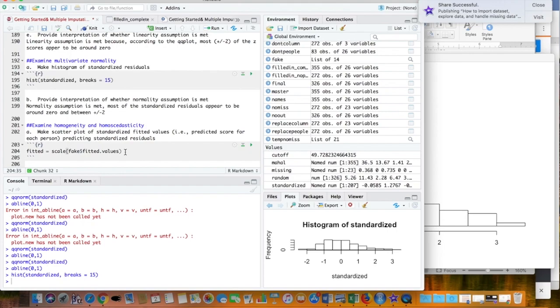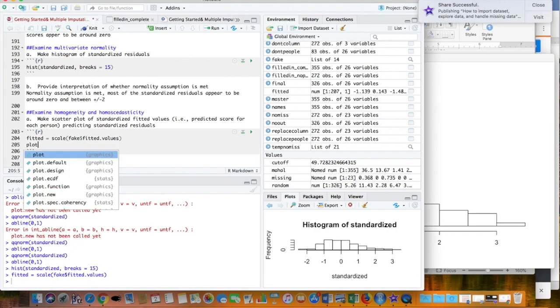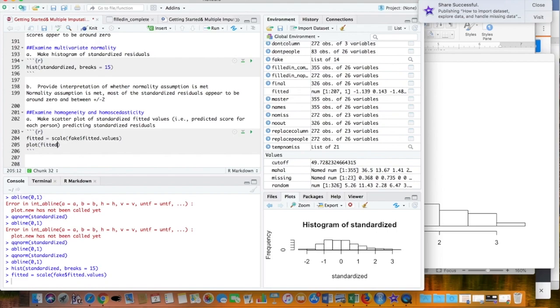So let's make the y, which is what this formula is for, and then let's plot the y with the y hat, the predicted score.